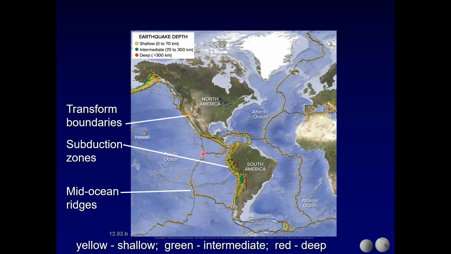And relatively shallow at transform boundaries. And then shallow at the interior of some continents. This subduction zone, you see the earthquakes extending into the continent. A little less narrow than what we saw in the previous slide. That band of earthquakes is less narrow.